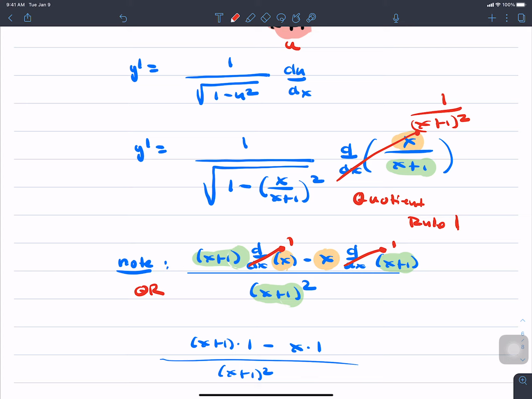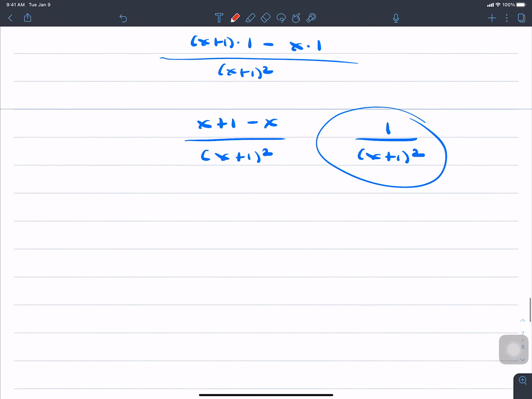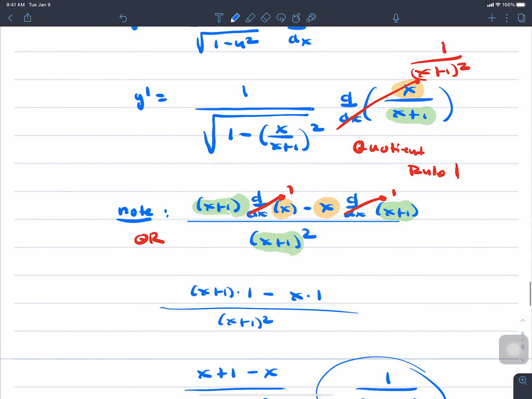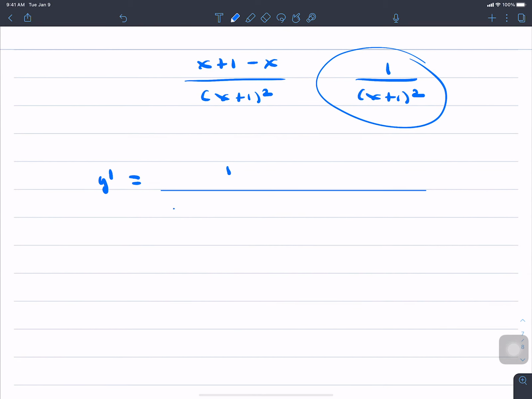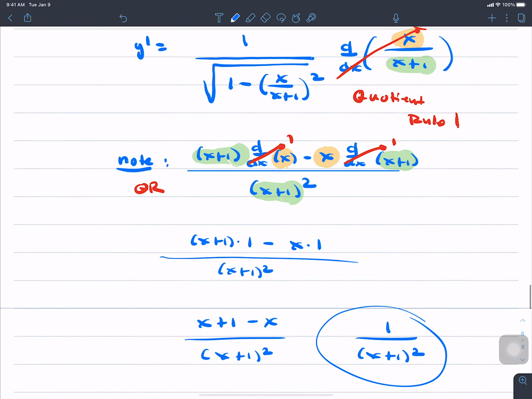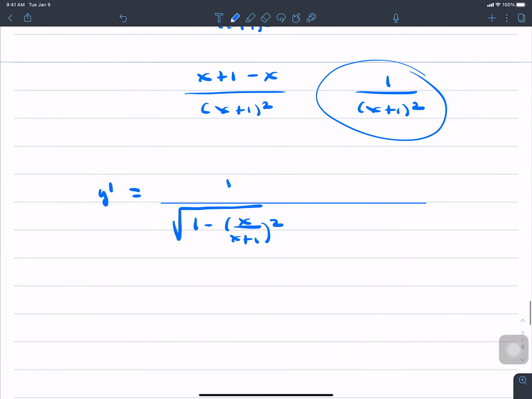And okay, we're going to have to see what this is all together. So we're going to have now y prime equal to, let's get out this denominator, this fraction here, 1 over square root 1 minus, okay, and then we get 1 over, so let's put it all together here so you guys can see this, times 1 over x plus 1 squared.